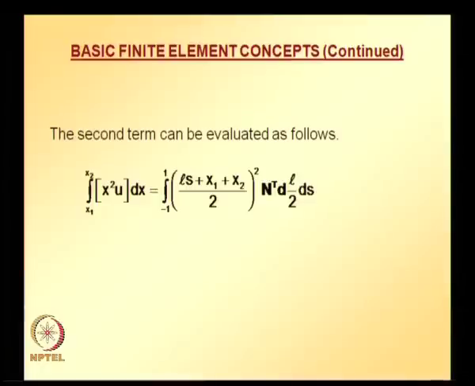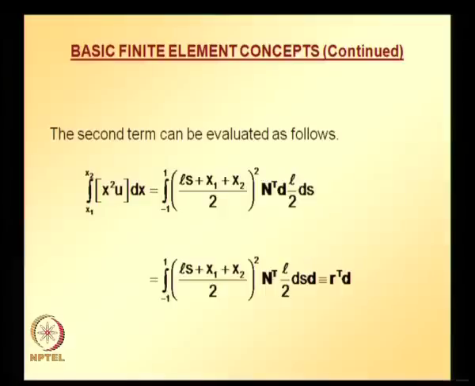And for the second term we need to substitute what the u value is, substituting x in terms of s and u in terms of n transpose d, and dx is replaced with L over 2 ds, and the limits of integration are changed to minus 1 to 1, x1 replaced with minus 1, x2 replaced with 1, and you can simplify this to this one.